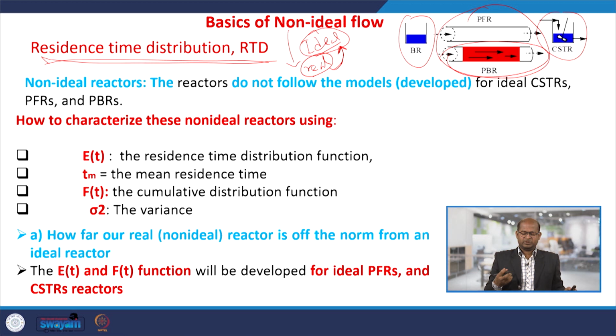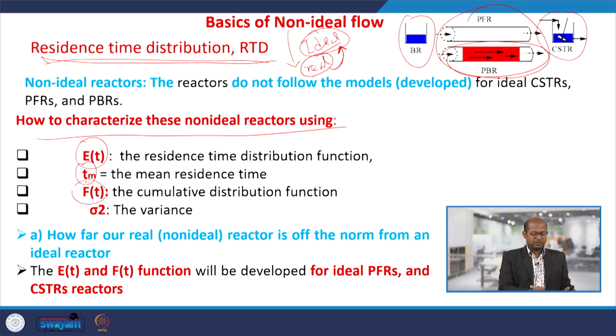We want to check whether the reactor we have designed is perfect or not, whether it is suitable for that particular reaction or not. To characterize this non-ideal nature of the reactor, we have to find out E(t), t mean, F(t) and sigma squared.